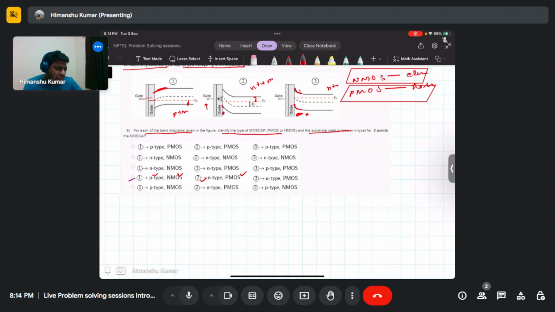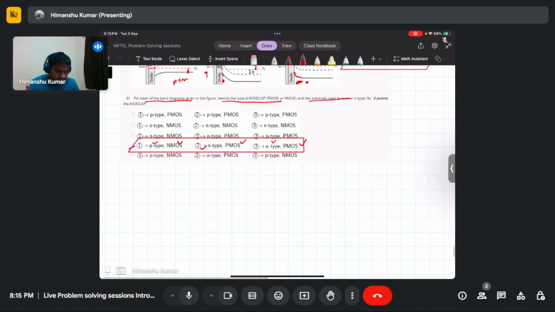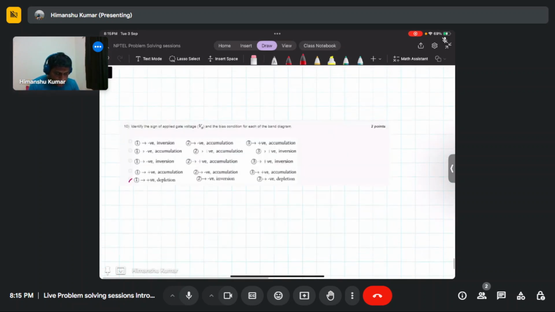So basically, this is n type and PMOS, because the n-type substrate is there. So the correct answer is this one, the fourth one.